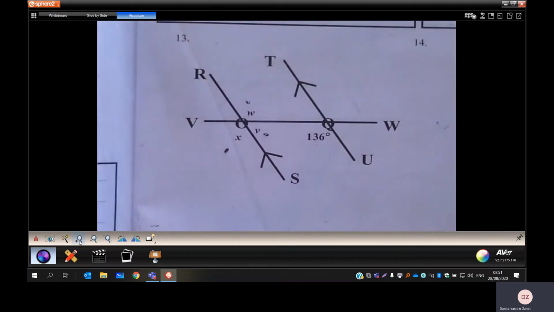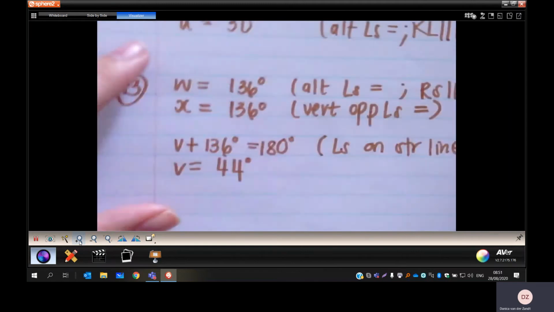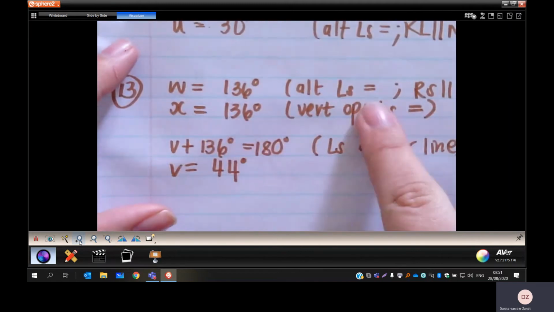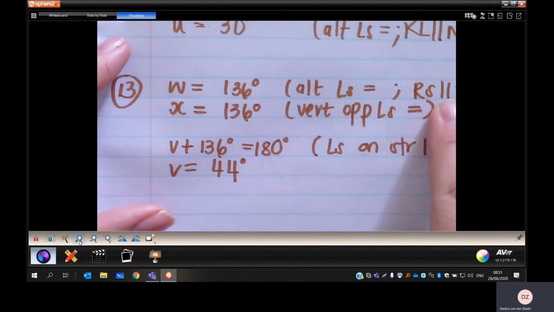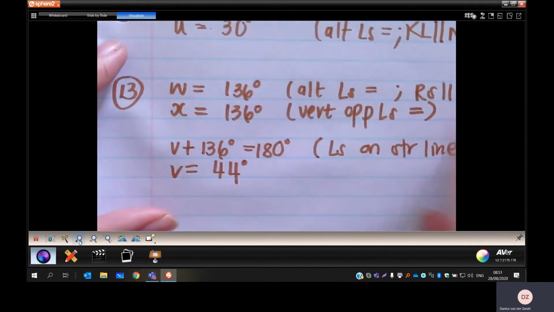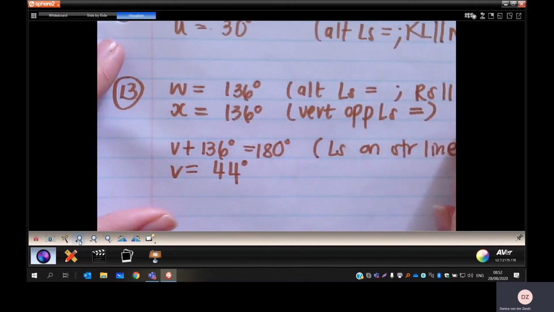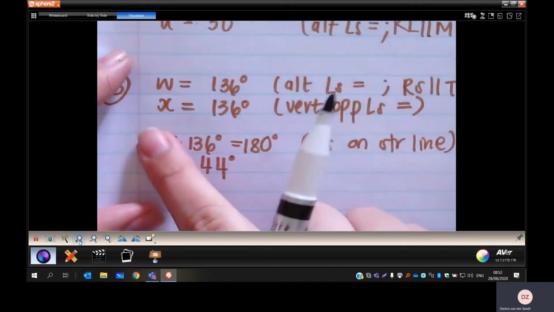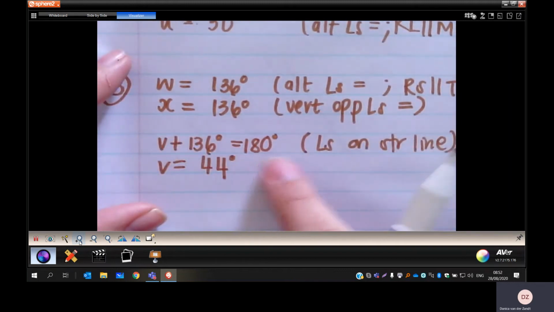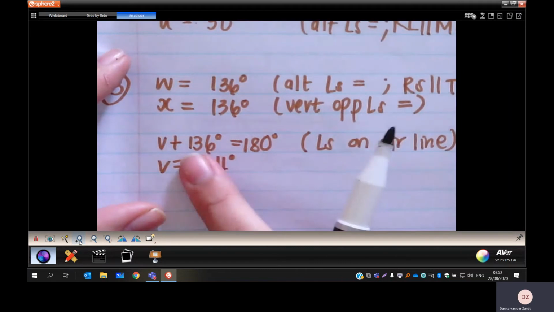This is what I did. For number 13, I said W was 136, alternate angles are equal with RS parallel to TU. And then I said X was 136 degrees, vertically opposite angles are equal. And then I said V plus 136 is 180, angles on a straight line.